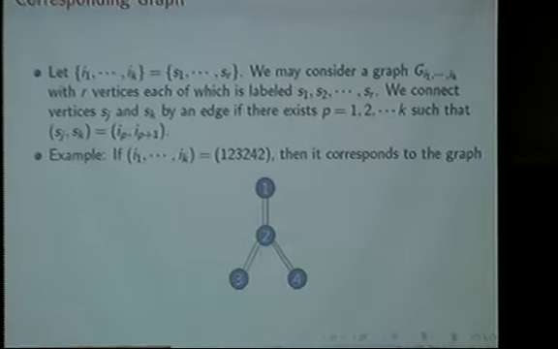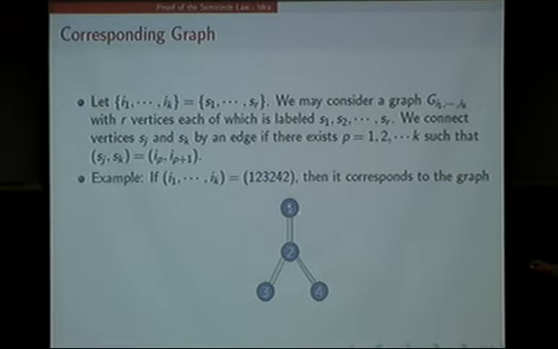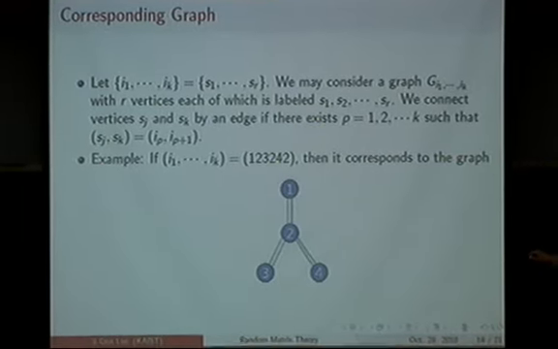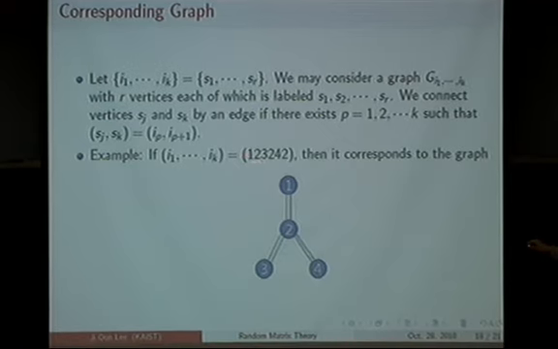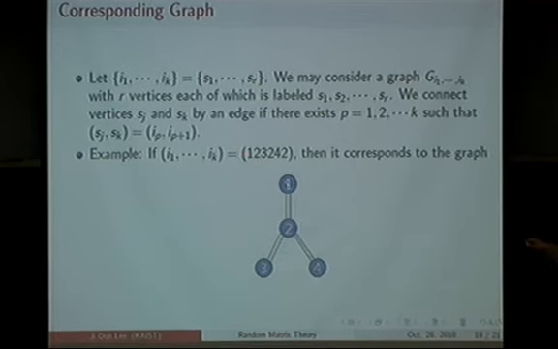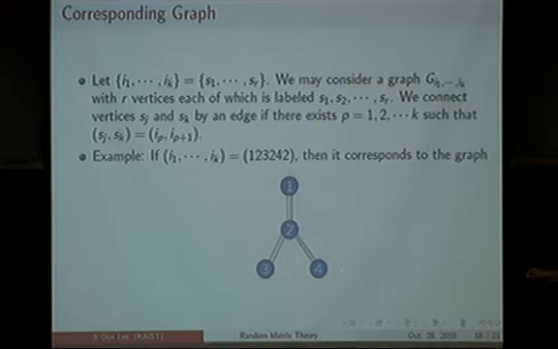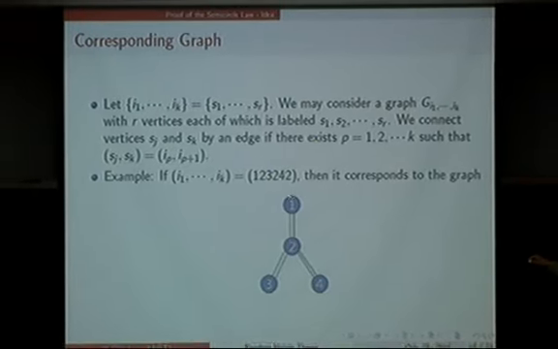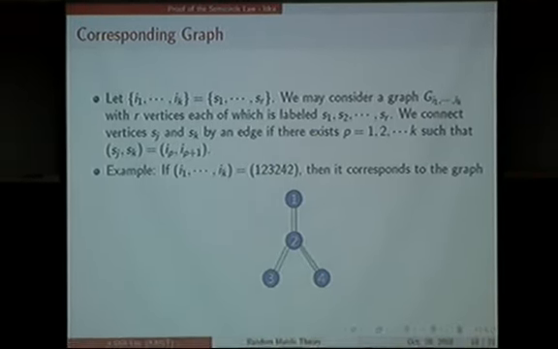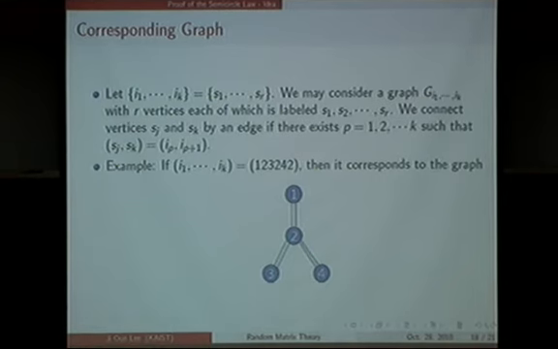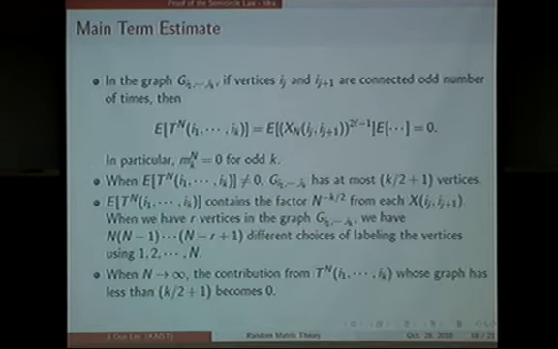And then we make an edge joining 1 and 2, because we have 1 and 2 in the first pair, so we draw a line from 1 to 2. And because we have 2, 3, we draw 2 to 3. And because we have 3, 2, we draw 3, 2, 2, 4, 4, 2, and finally 2, 1. Okay, so we can always draw a graph like this.